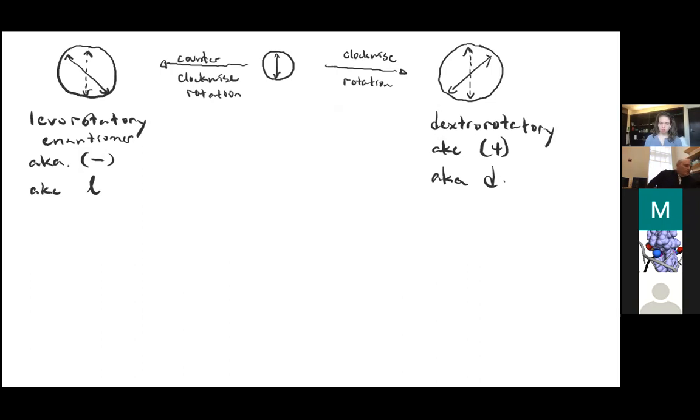The other thing that we're interested in is this degree of rotation. The extent to which the plane rotates is defined by what we call alpha. And alpha is the observed optical rotation. Okay.